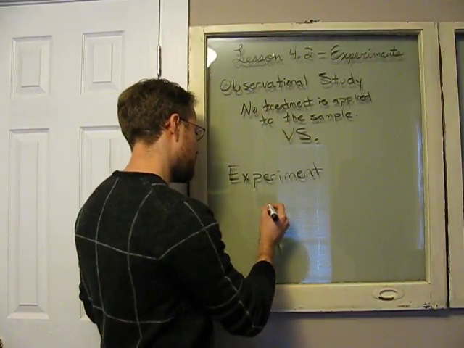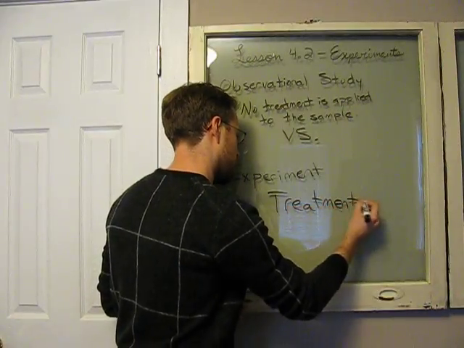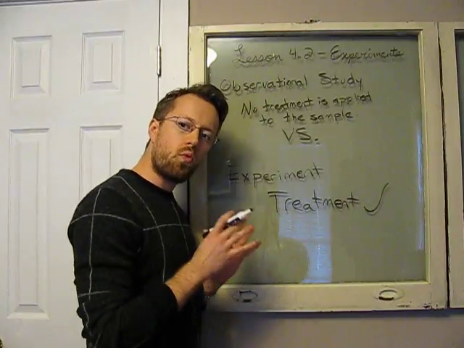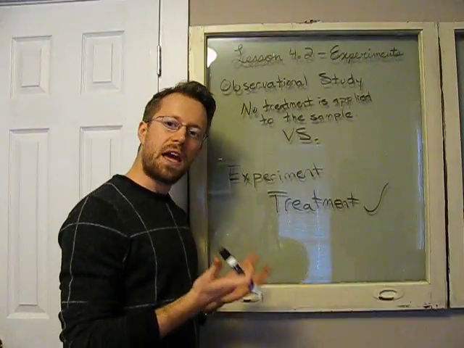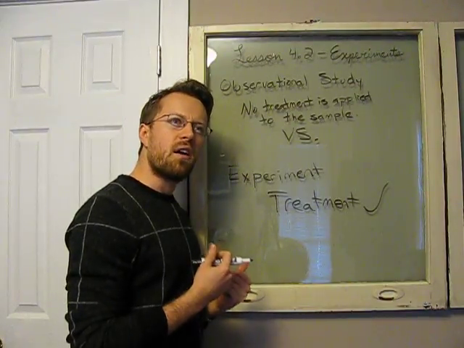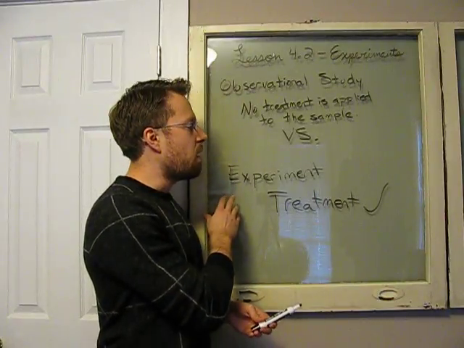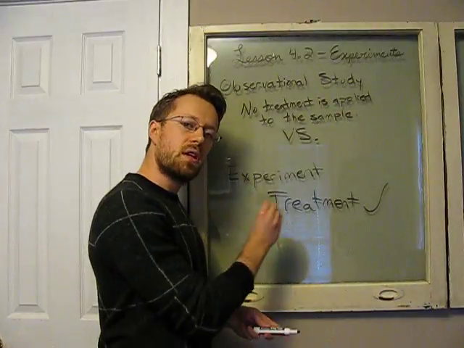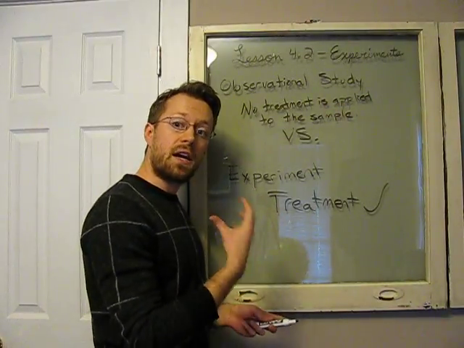In an experiment, we apply a treatment to the sample. Now, a treatment is just something we do to the sample. In this case, if I want to see if caffeine affects someone's pulse, I would conduct an experiment where I ask certain individuals taking part in the experiment to drink caffeine.